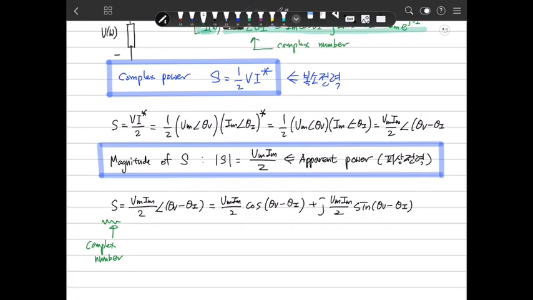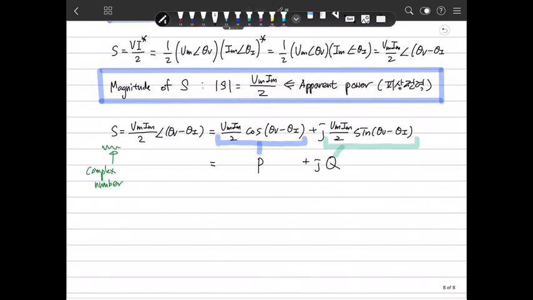So we can represent it as P plus jQ. P is the real part of the complex power, and Q is the imaginary component of the complex power.